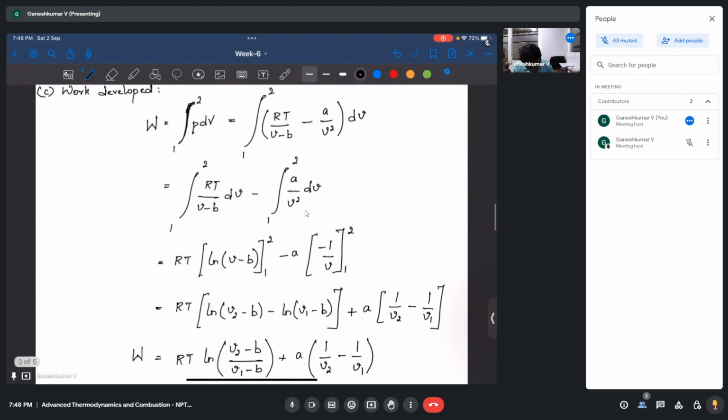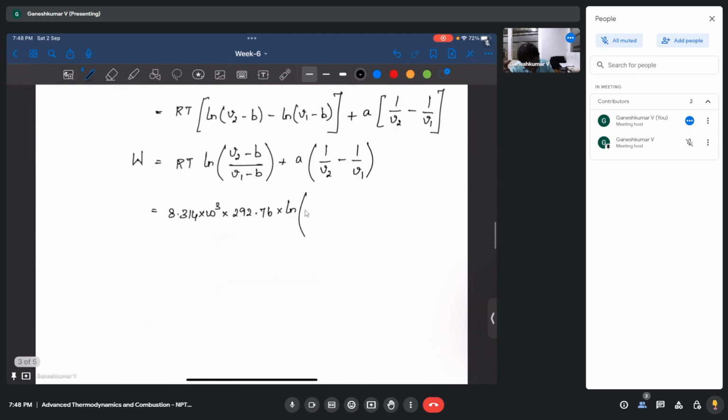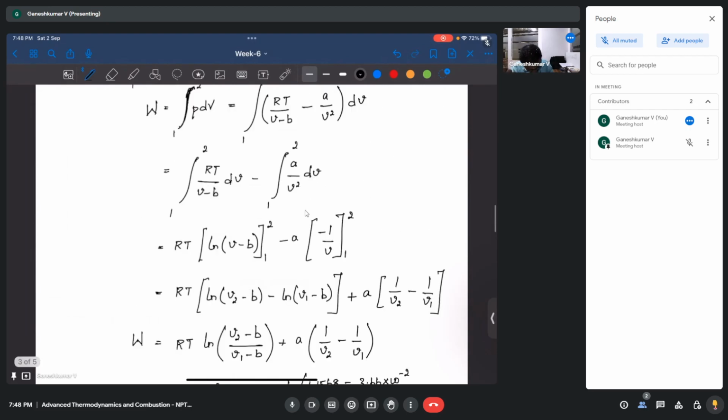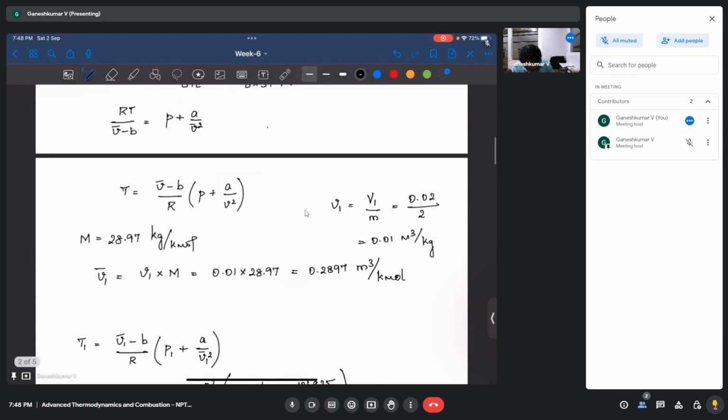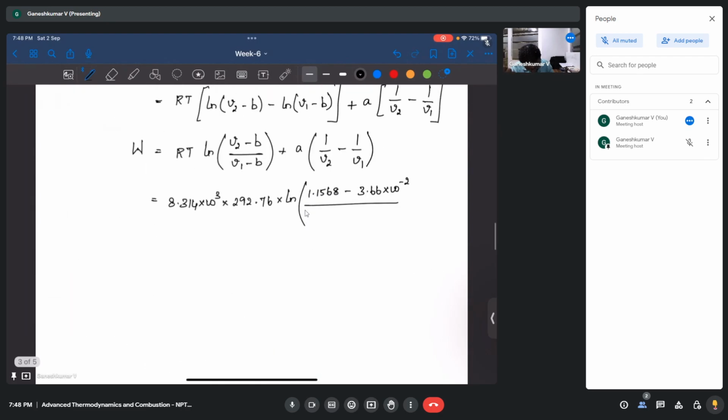We will come to this V2 we just found, 1.1568. 1.158 minus b, 3.66 into 10 power minus 2, divided by V1, which is 0.2897 into 10 power minus 2.